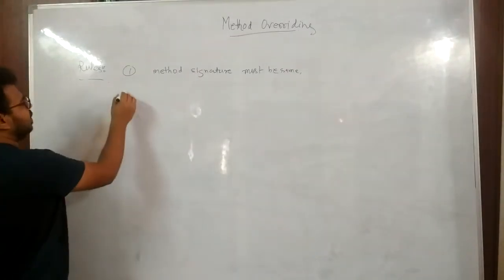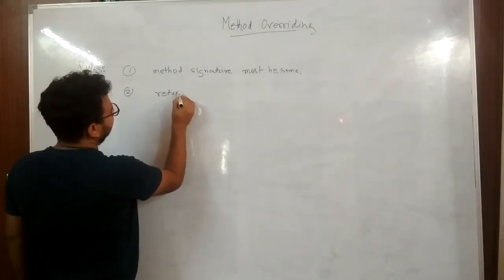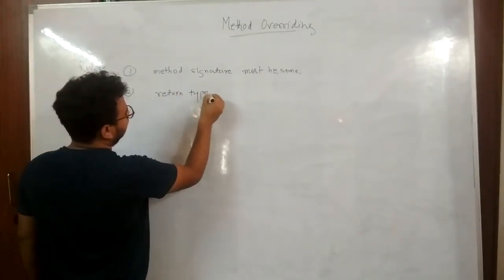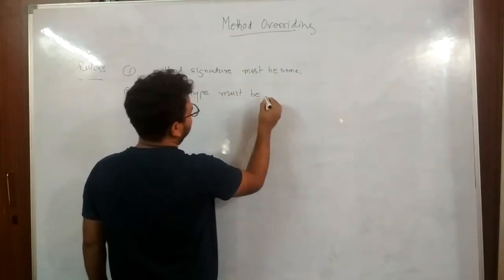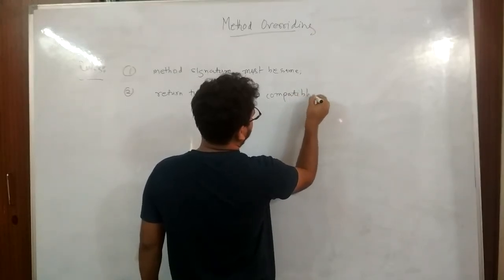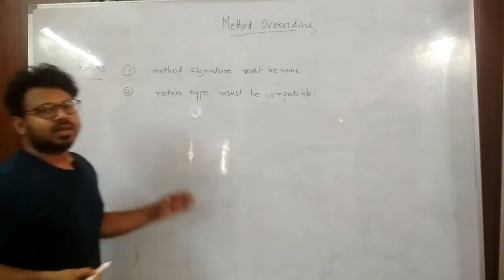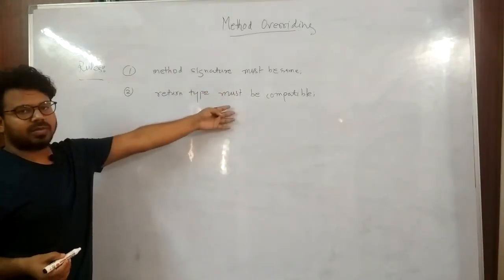The second rule is the return type must be compatible. We are going to see about these terms.